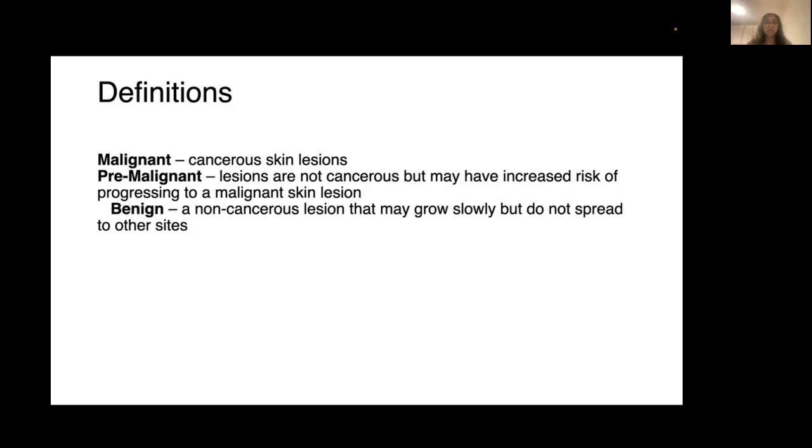And then benign lesions are non-cancerous lesions, so they tend to grow slowly and they don't really spread to other sites, so they're not anything too concerning. However, it's important to try and distinguish between benign and malignant lesions, because then we can determine whether urgent dermatology advice is required.